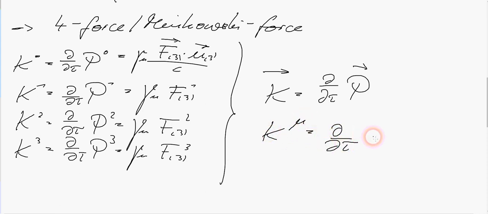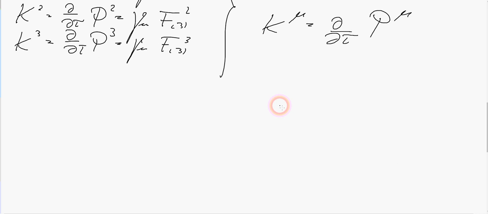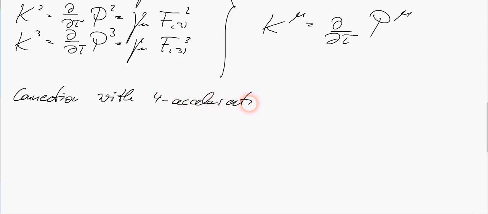And now we have to check the consistency, if it is really what we need for the connection with the 4 acceleration. Okay. So what we wanted was that K^mu equals m0 B^mu.